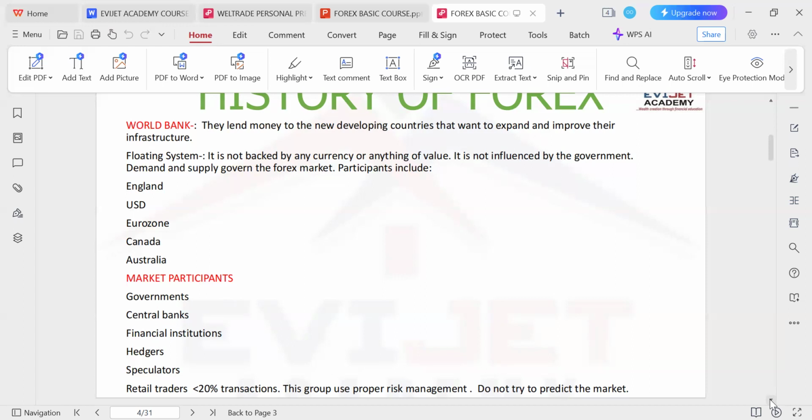Then we work with the fundamentals while applying proper risk management. We're going to get to that. Do not try to predict the market. We don't predict the market. We just work with what we see, speculating direction based on the market structure and available fundamentals. That's what we do as retail traders.